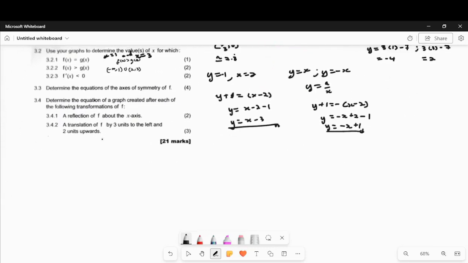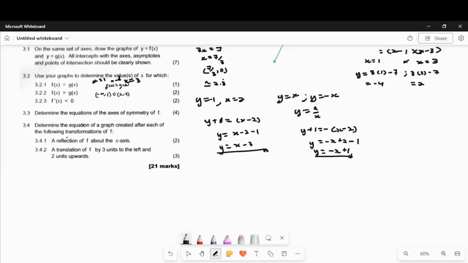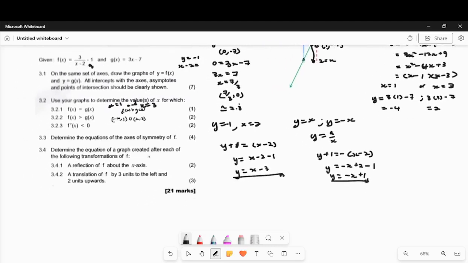Then the fourth question, 3.4. Determine the equation of a graph created after each of the following transformations of f. Our f is our hyperbola, and we need to perform some transformations. The first one is a reflection of f about the x-axis.